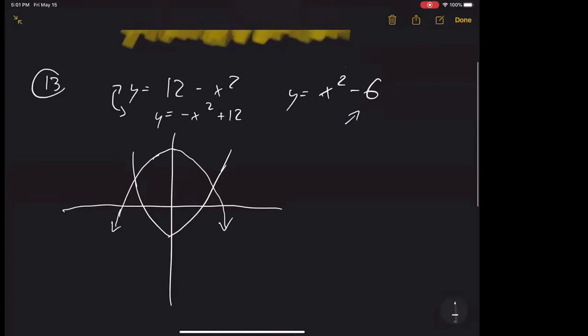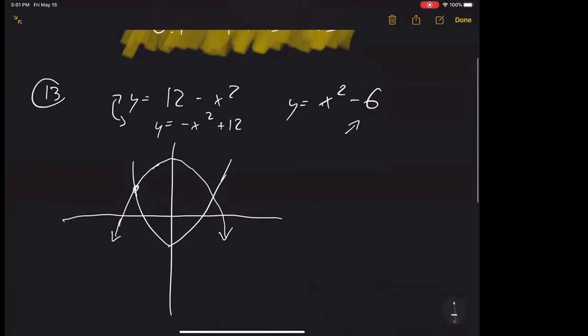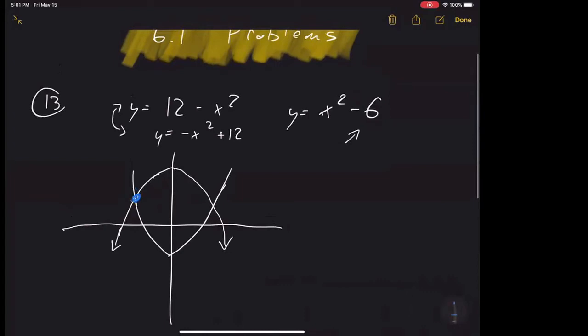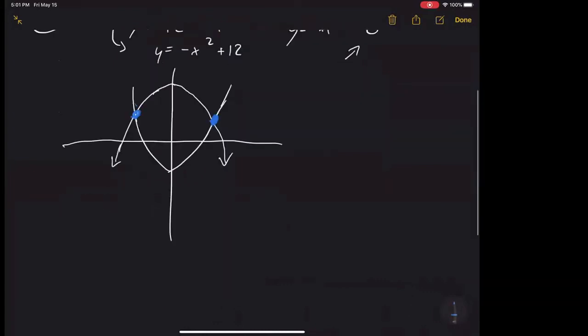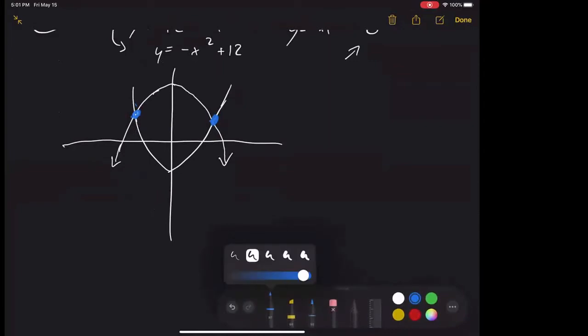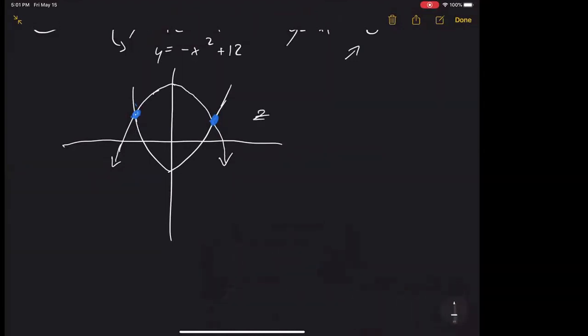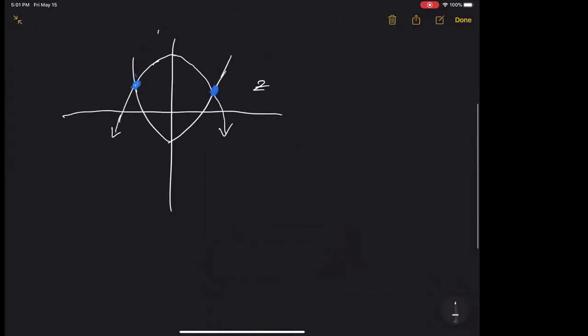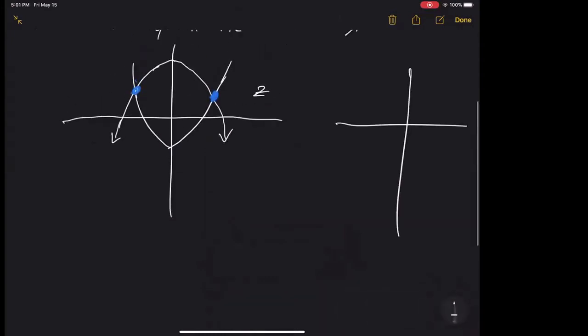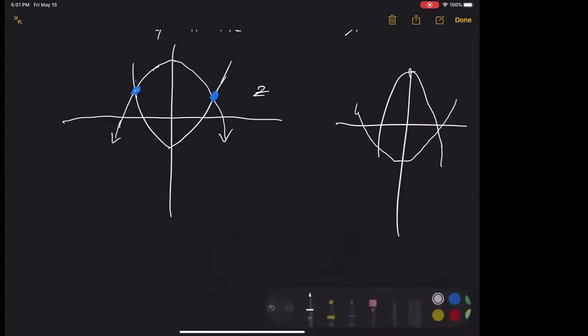So these points where my curves intersect, that might be totally wrong. Let's see. These blue points here, in my graph, they're up here above the x-axis, but in actuality, a more accurate graph might look something like this, where those points of intersection are below the x-axis.